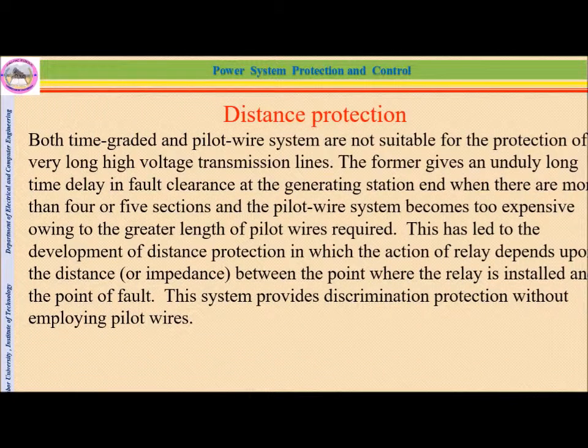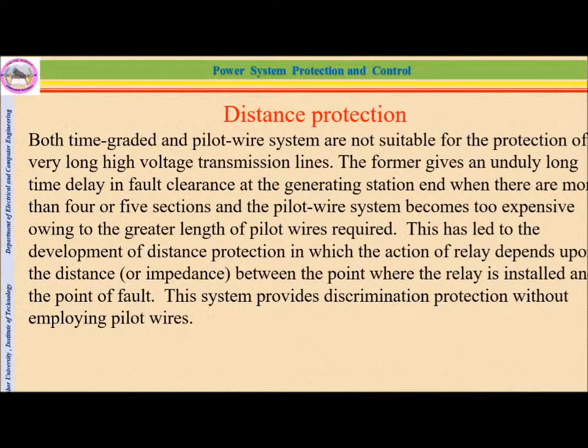Now let us see distance protection. Both time graded and pilot wire systems are not suitable for protection of a long high voltage transmission line. The former, that means the time graded, gives an unduly long time delay in fault clearance at the generator station end when there are more than 4 or 5 sections, and the pilot wire system becomes too expensive owing to the greater length of pilot wires required.